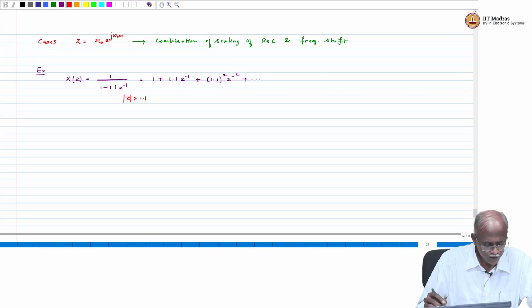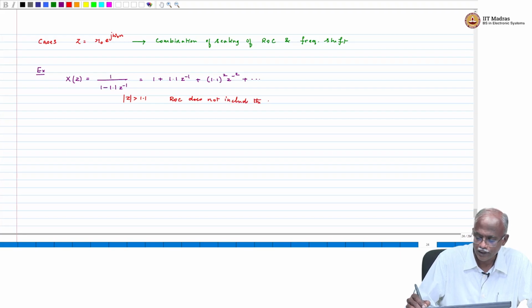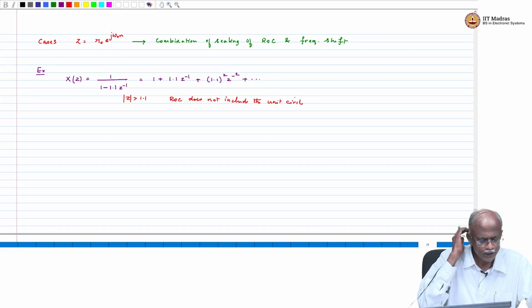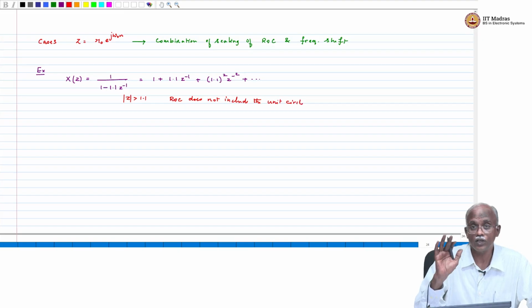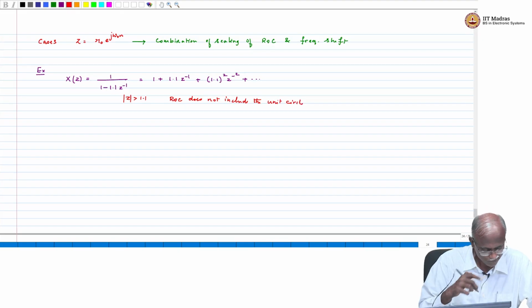Okay, so the ROC does not include the unit circle. If the ROC does not include the unit circle, then that means the DTFT does not exist. It's not an absolutely summable sequence.